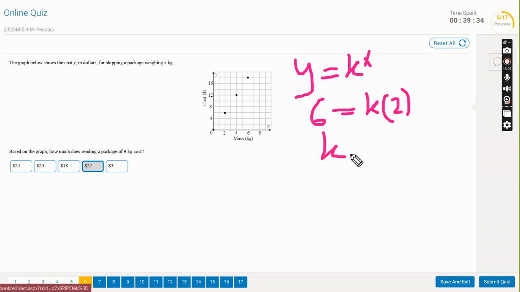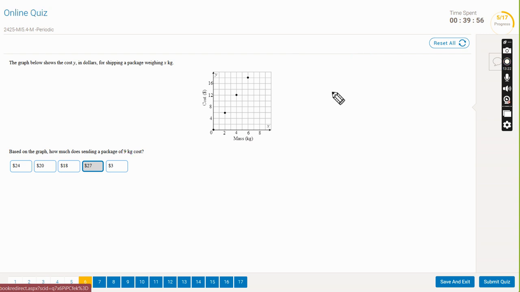Now, what is our k going to be? 3, right? So our k value is 3. Now you will just input that. They've given you the 9 kgs. So it means what is given to you? The x. So 9 times 3 is equal to y, which gives you 27. There you go. So now I've shown you both the ways, the constant way and the way of the cross multiplication.